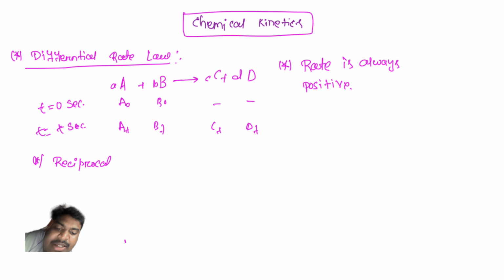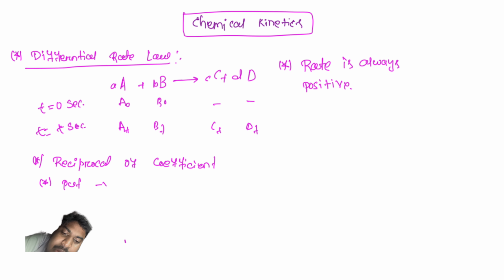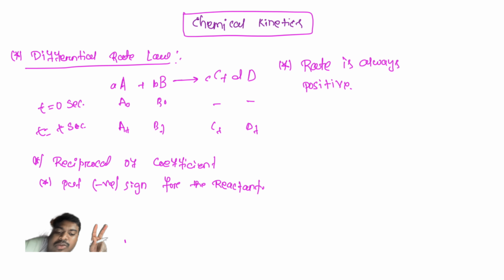Take the reciprocal of the coefficient, and put a negative sign for the reactant. If you remember these two important points, it will be easy for you to write the differential rate law.